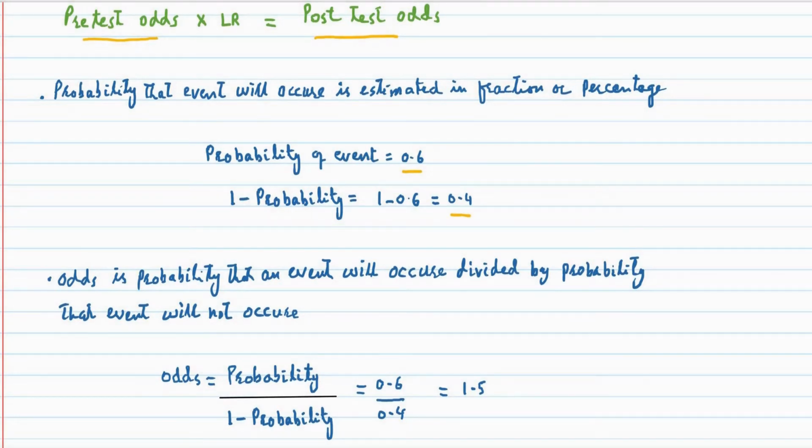On the other hand, odds is the probability that an event will occur divided by the probability that the event will not occur. The formula for calculation of odds is probability divided by 1 minus probability. So in the case of a probability of 0.6, we can see that the odds of the event are 1.5.